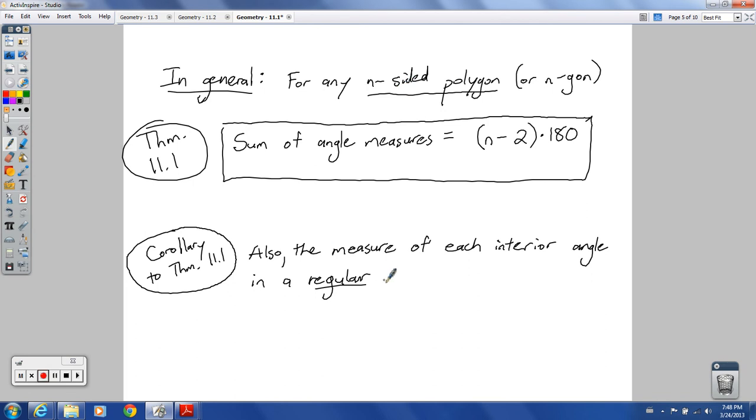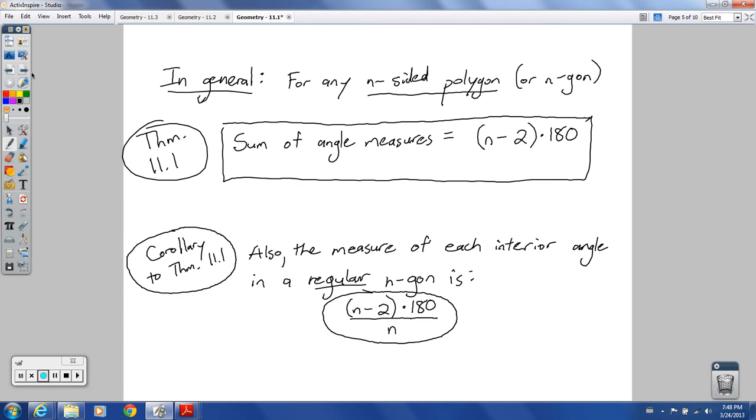Did not have to be regular, but if it's regular, all the angles have to be the same, meaning that this would have to be the formula to find a single angle in a regular n-gon. N minus 2 times 180, all divided by the number of sides, n. So this follows directly from this theorem here.